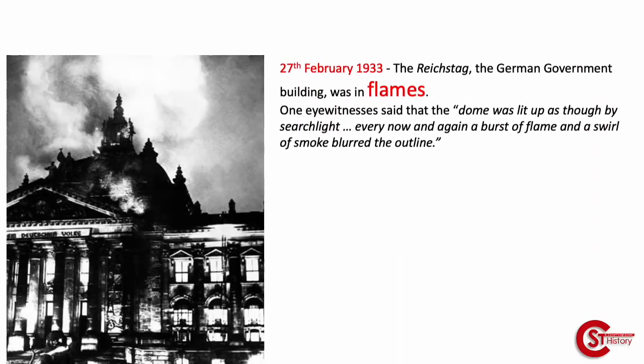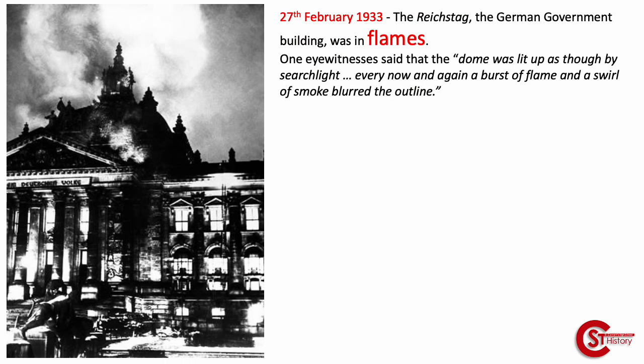Okay? Now, funnily enough, on the 27th of February, just weeks later, the Reichstag building, the Parliament building, bursts into flames. Now, I'm just going to leave that there and suggest to you, if we are thinking about inferences that we can make, and part of our exam, question 1, is about making inferences. Come on.